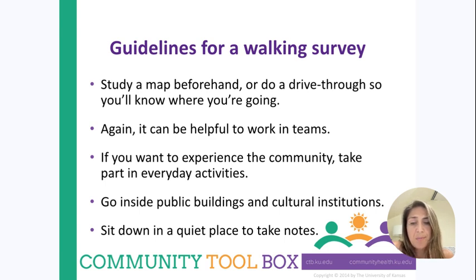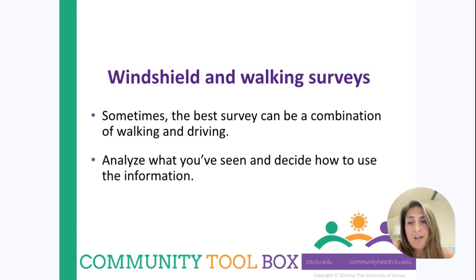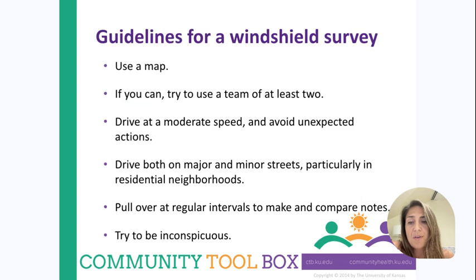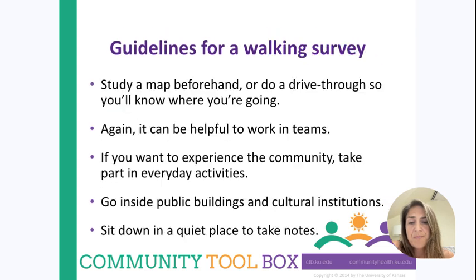You can go inside public buildings like libraries and churches, and sit down in a quiet place to take notes of your observations. Again, this can be a combination of walking and driving, and you're going to be using this to inform your survey.